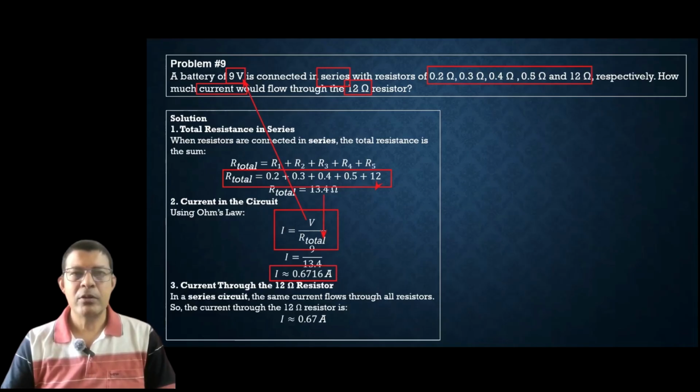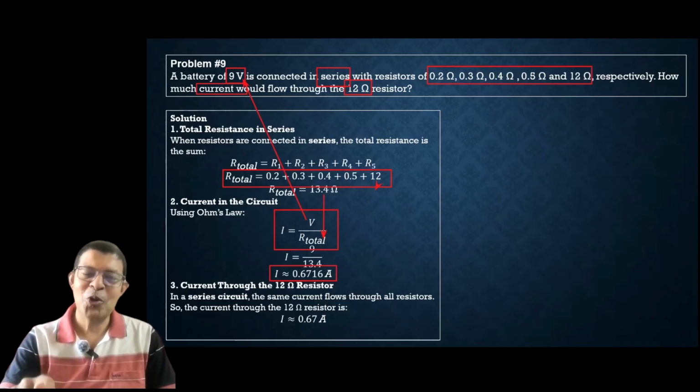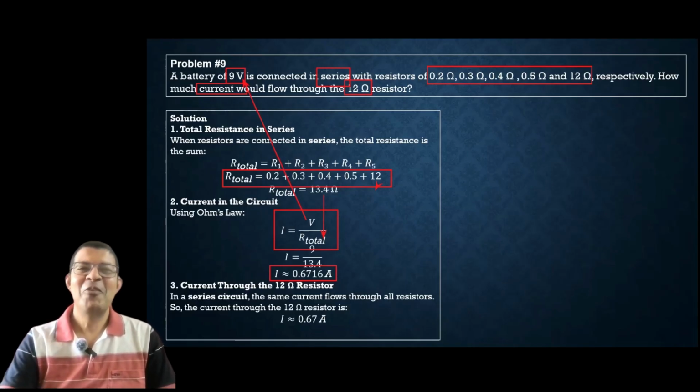It will be the same current only, isn't it? No, you have to know the value of the resistance. Once you know the value of the unknown resistance, then you have to sum all the resistances and then divide the voltage by it. Okay. I hope you have understood.